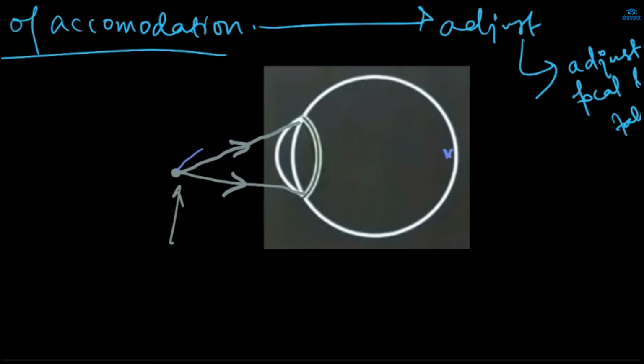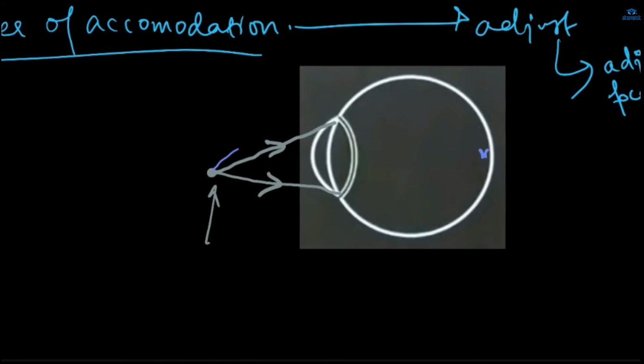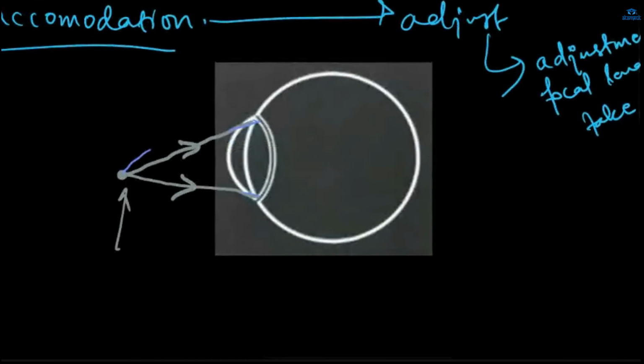So the lens has to become more thick. Why? So that it becomes more powerful and can converge these diverging rays also at a point. Because if this lens remains as it is now, what can it do?